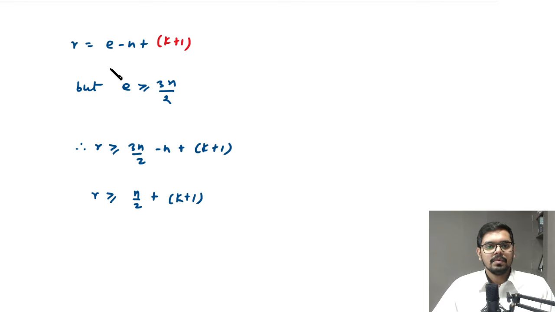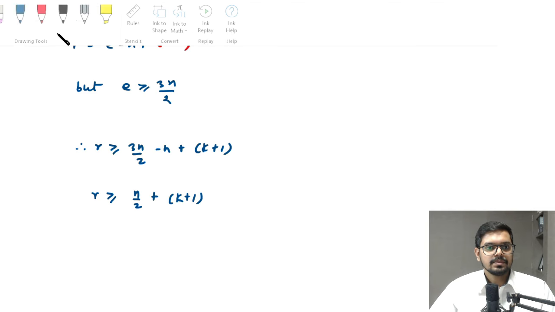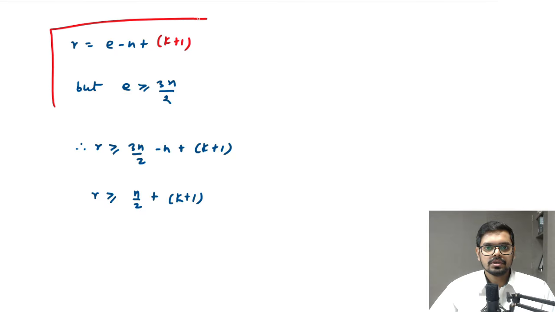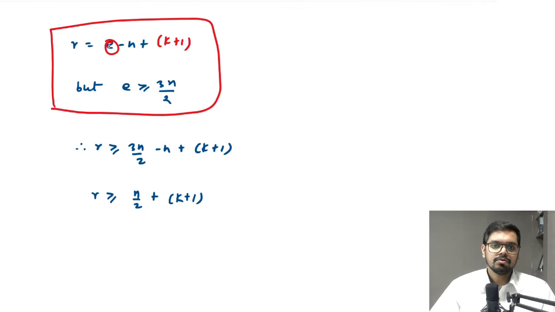So in the next step, Euler's formula for the general scenario. And now we have concluded E is greater than or equal to 3N by 2. Please make a note: if you combine these two expressions, you have to be very cautious in the analysis. If E is equal to 3N by 2, then there is no issue, substitute E as 3N by 2.